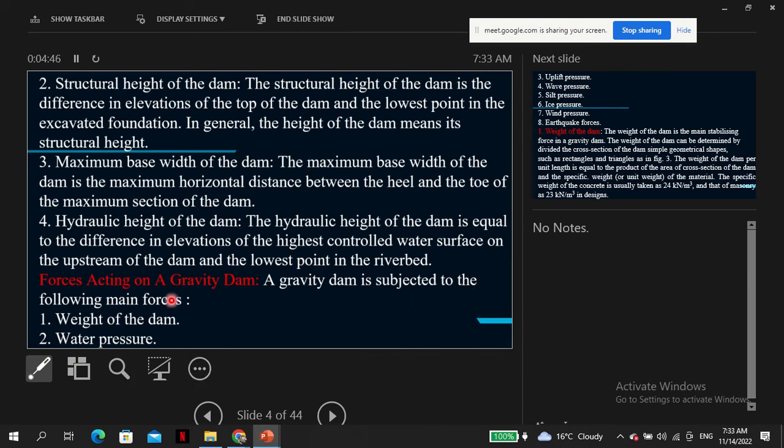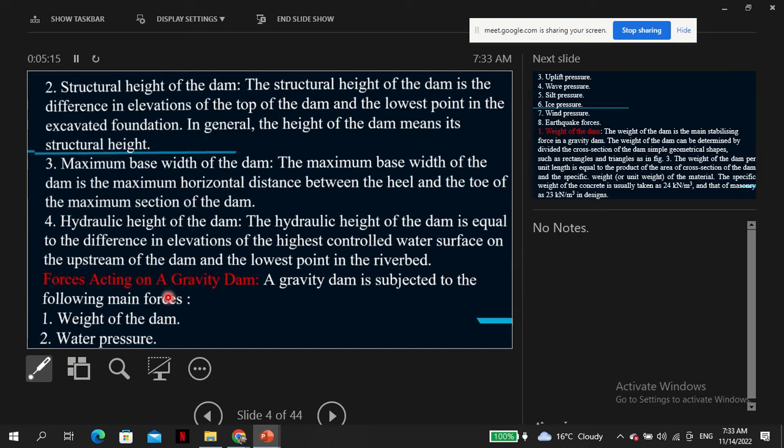Of course, we call them gravity dams because one of the mechanisms they use to resist the lateral forces, the water pressure, is to carry the weight, the self weight, and hence they are called gravity dams.